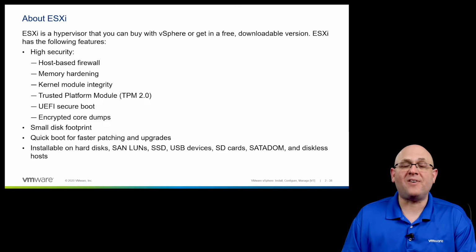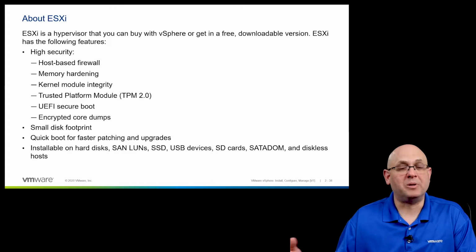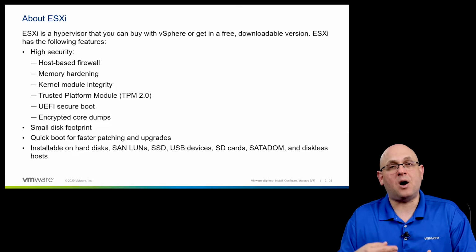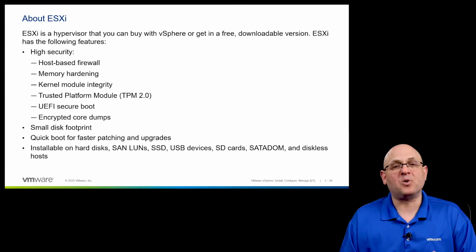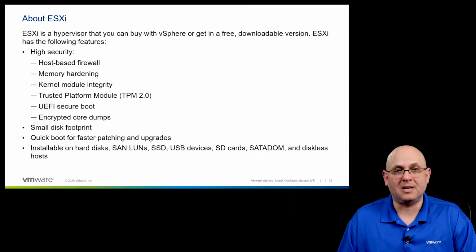And if it's been modified in any way, shape, or form, we'll purple screen ESXi, similar to a Microsoft blue screen of death. But we do this on purpose in order to prevent the compromise of any of the contents of the memory of an ESXi host itself.